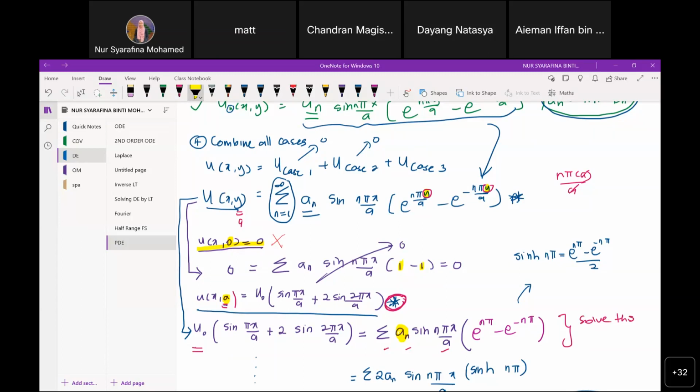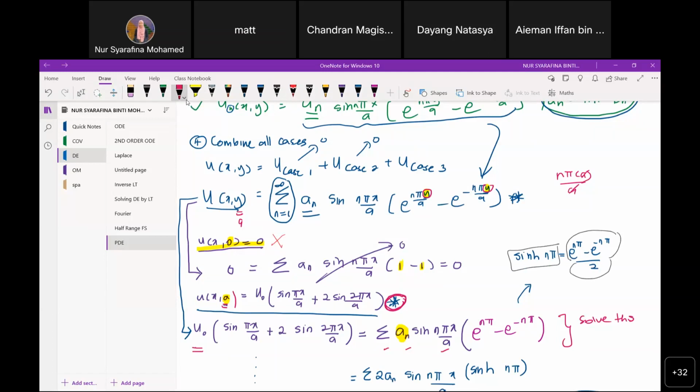So how can we do this? Now this is summation of a_n sine n pi x over a times exponent n pi minus exponent minus n pi. And remember, exponent n pi minus exponent minus n pi, if we divide by 2, then we have sine n pi. Why do we have to do this? It's not always like this. You can still use the exponent, but this is just a simplification process.